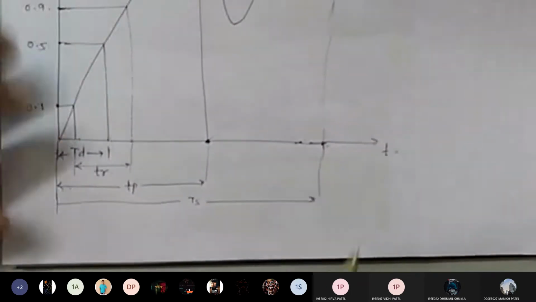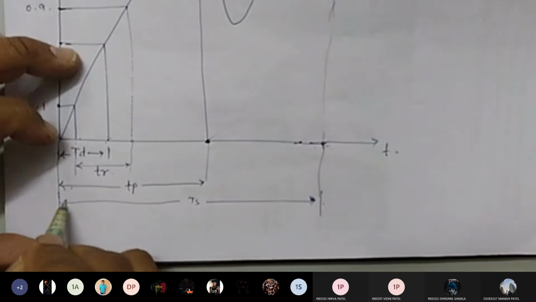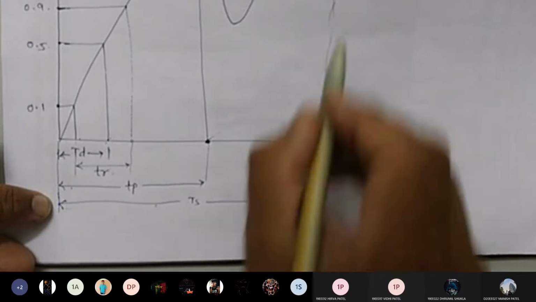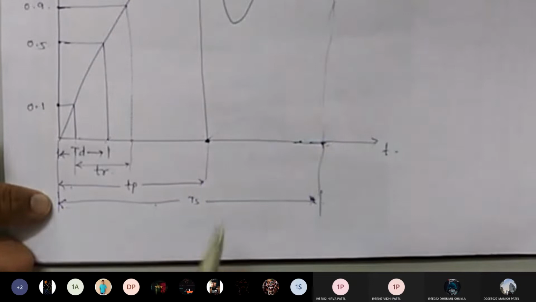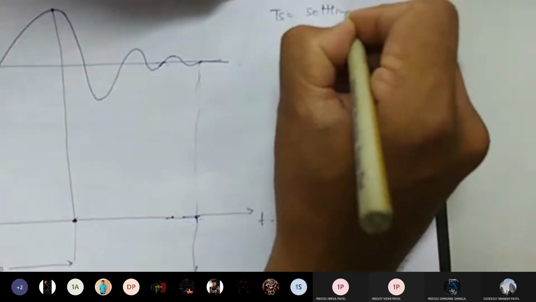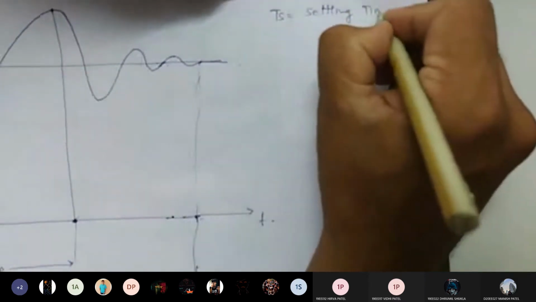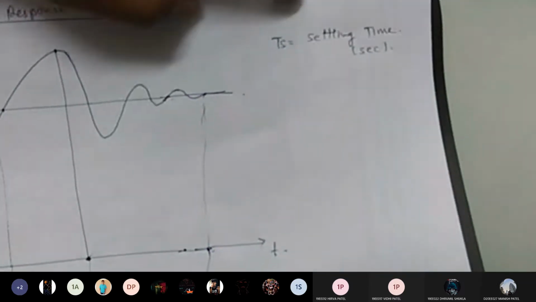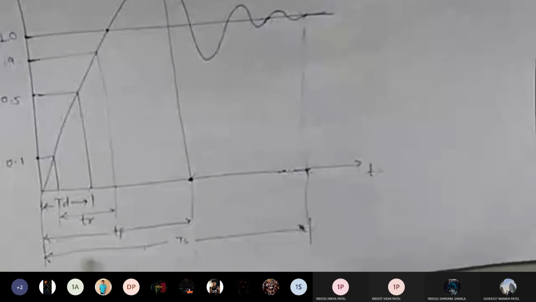If you are able to see clearly, TS is the time from 0 to the point at which the steady state is reached. It is called the settling time. TS is called the settling time, and your output settles. It is measured in seconds.